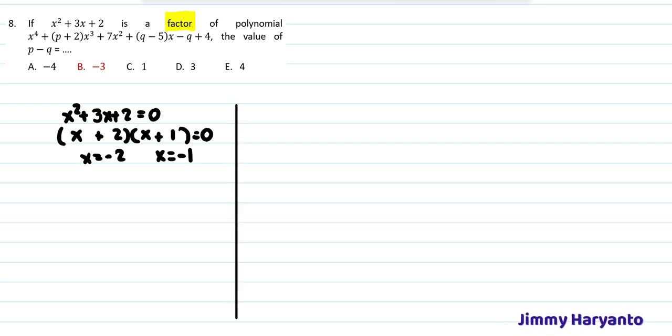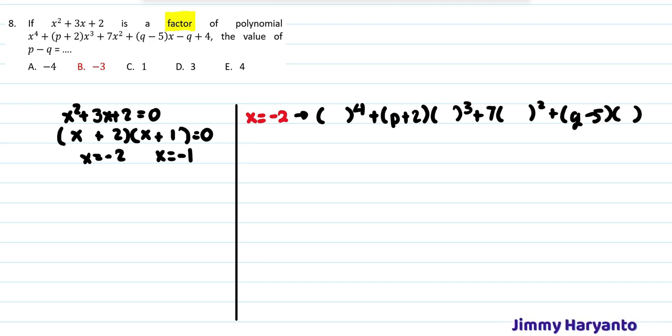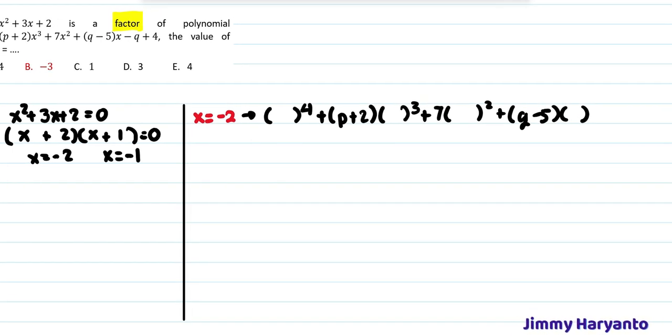Let's input them into the polynomial. First is x equals negative 2. That means x to the power of 4 plus p plus 2 times x to the power of 3 plus 7 times x squared plus q minus 5x and then minus q plus 4.